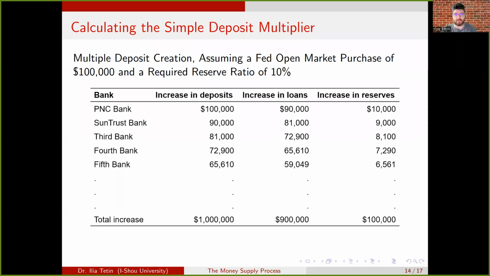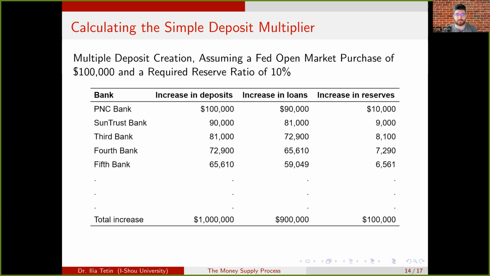Okay, so we have just discussed the process which began with the initial open market operation, when the Fed places $100,000 in the reserves of one bank, and this bank decided not to keep these reserves in the Fed, but to start normal banking operations by providing loans.